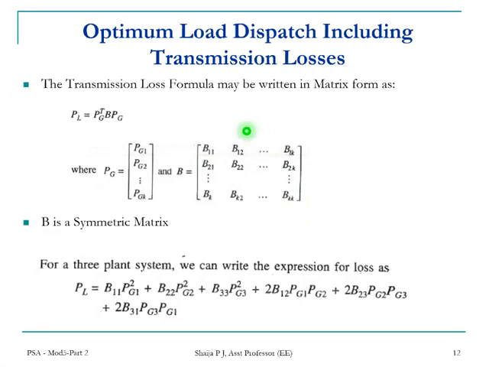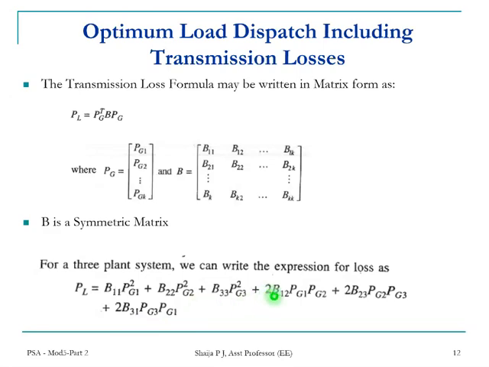We'll take a particular case of a 3-plant system. The loss expression can be written as PL is equal to B11 into PG1 squared plus B22 into PG2 squared plus B33 into PG3 squared plus 2 into B12 into PG1 into PG2 plus 2 into B23 into PG2 into PG3 plus 2 into B31 into PG3 into PG1.